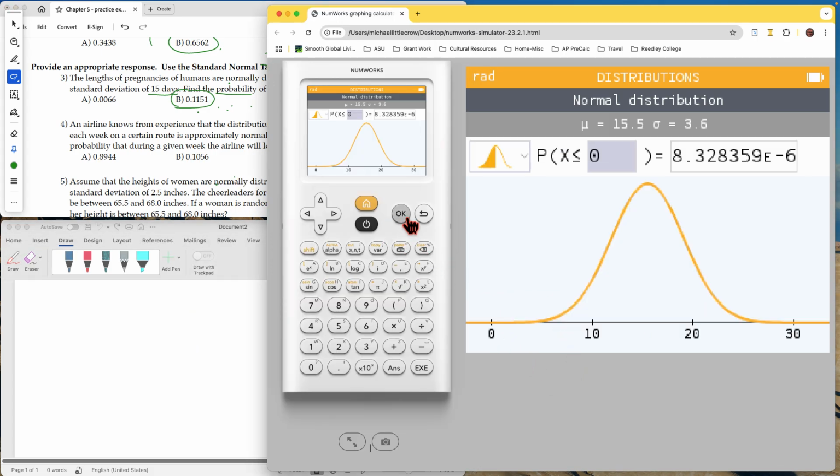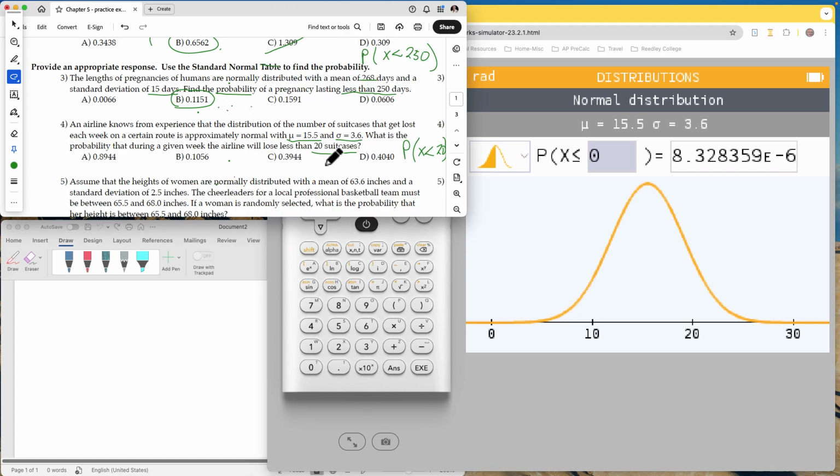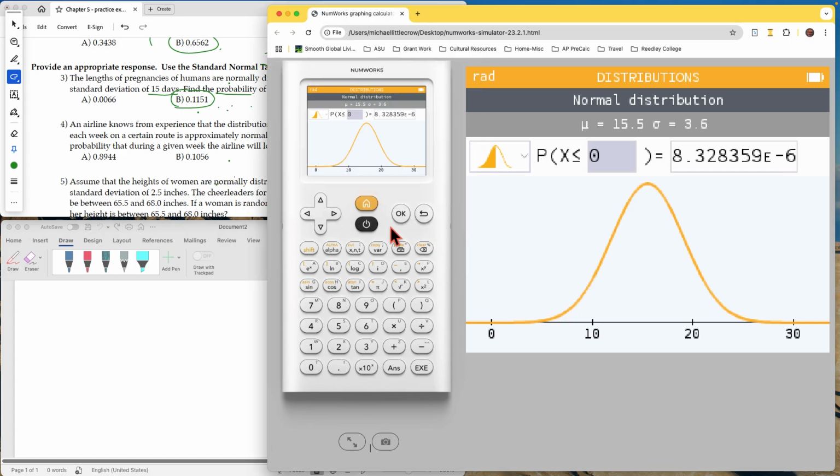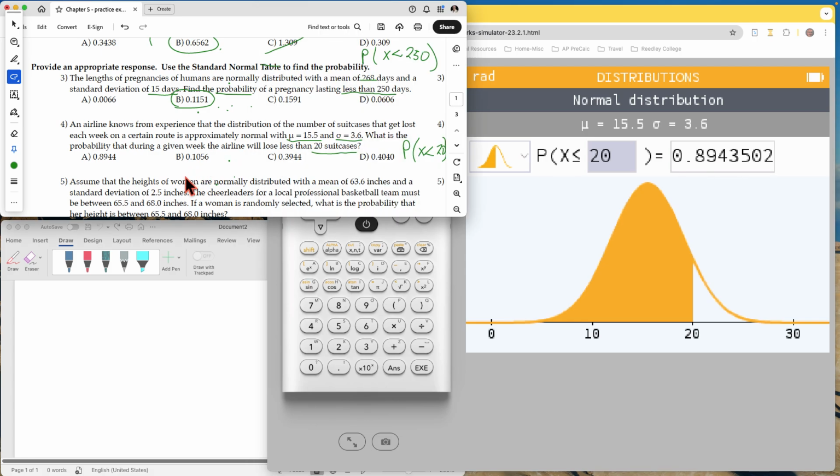We'll go okay, and then we want less than 20 suitcases. So again, we make sure we're in the less than tool, which is the default. We put in our 20, and it shows us, and 20 is more than the mean, right? So the mean's right here. 80.8944. So that's going to be A.